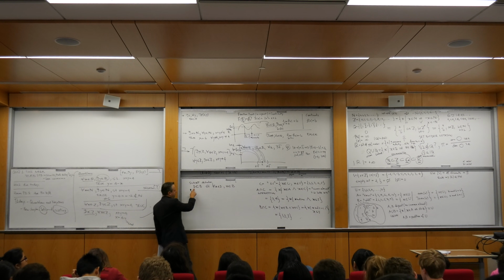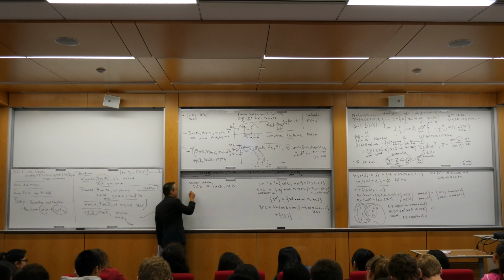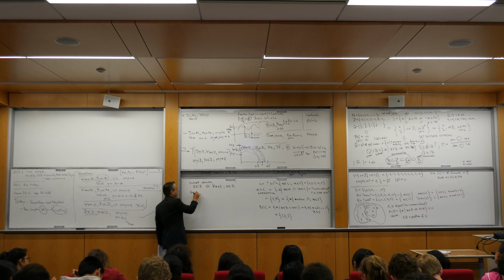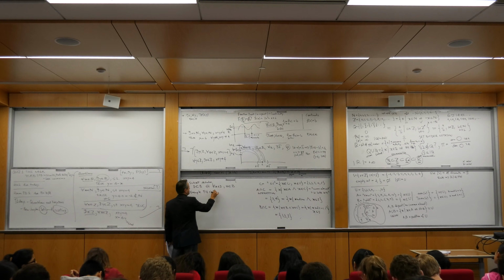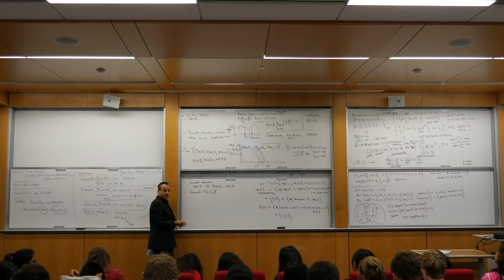Subset means everyone in here is also in here. For example, N is a subset of Z, because every natural number is an integer.